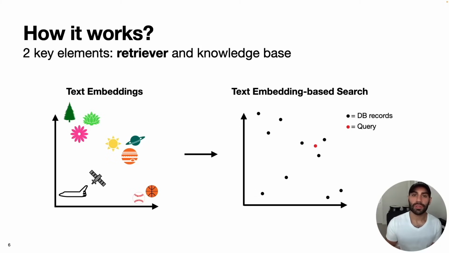And then to do search, we simply just look at the items in the knowledge base that are closest to the query and return them as search results. That's all I'll say about text embeddings and text embedding based search for now. This is actually a pretty rich and deep topic, which I don't want to get into in this video, but I'll talk about in the next video of this series.